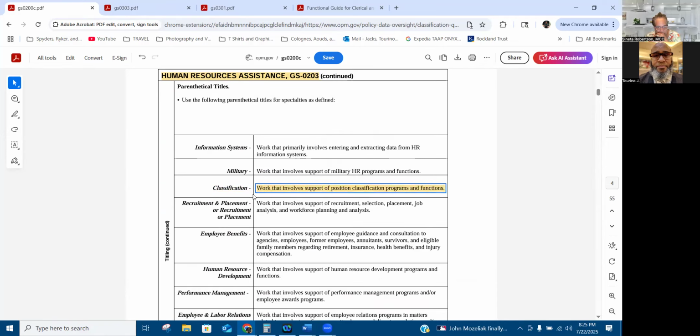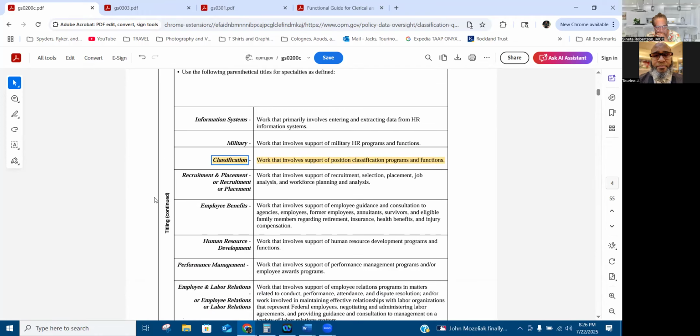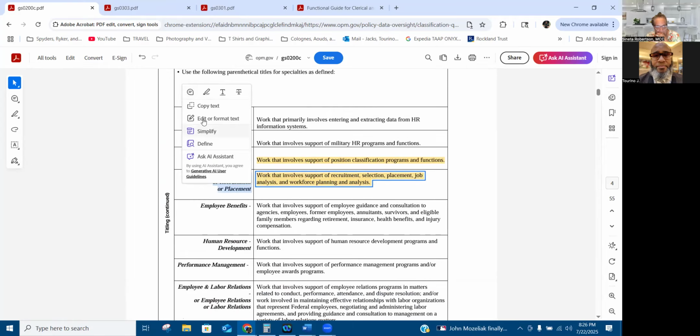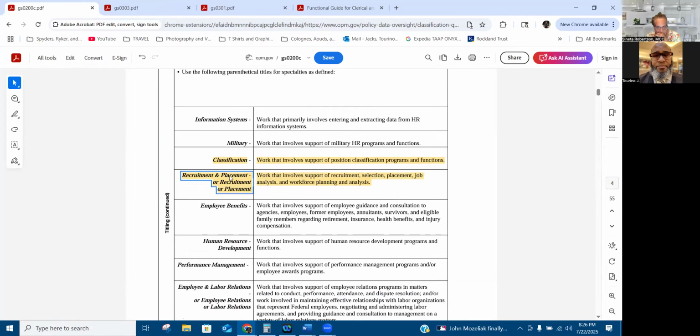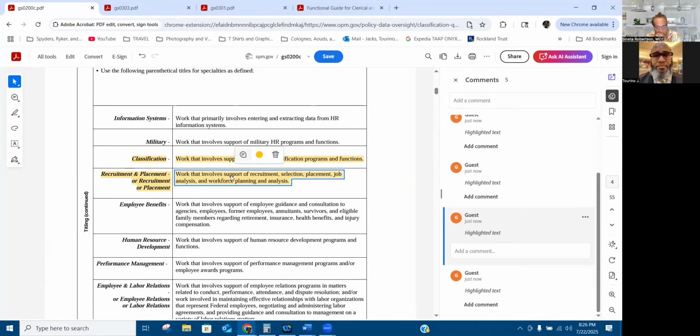Okay. And the last one we just did was recruitment and placement. This last one we just did for them. Let's make a different color just to have it different.